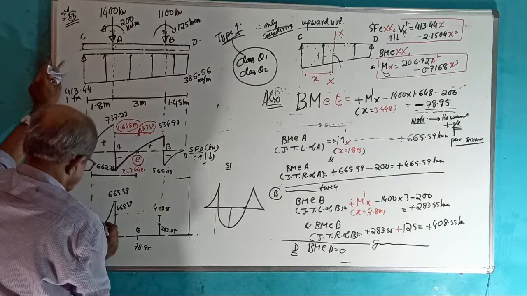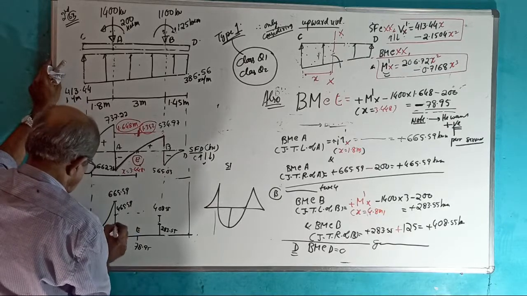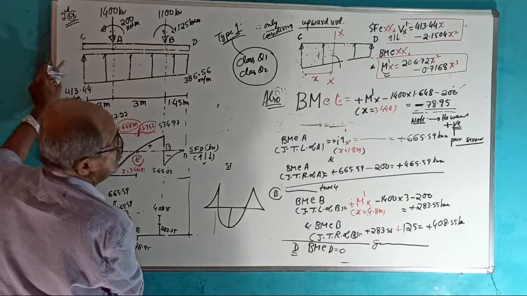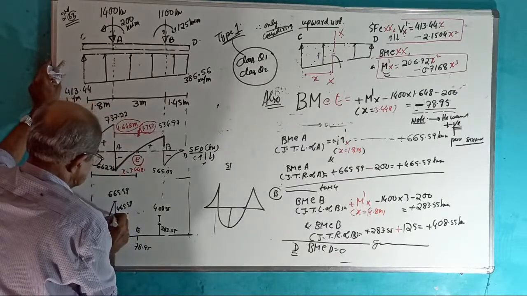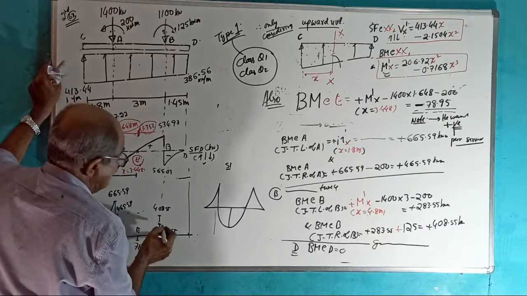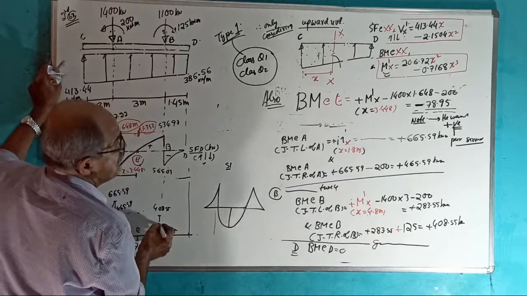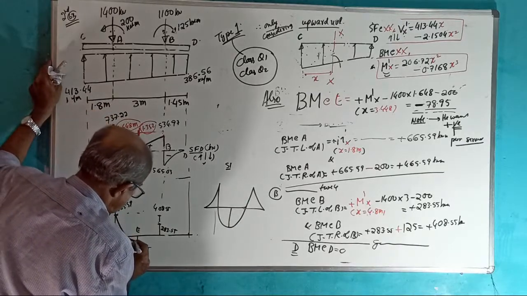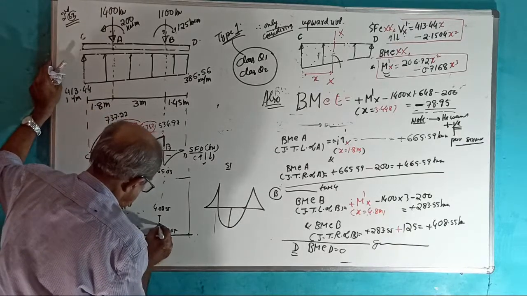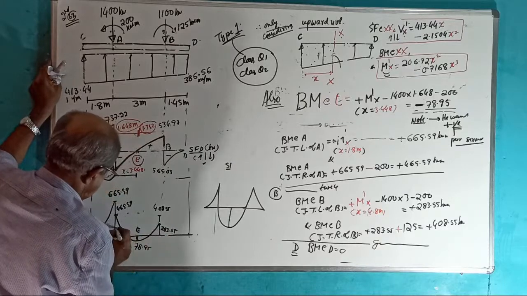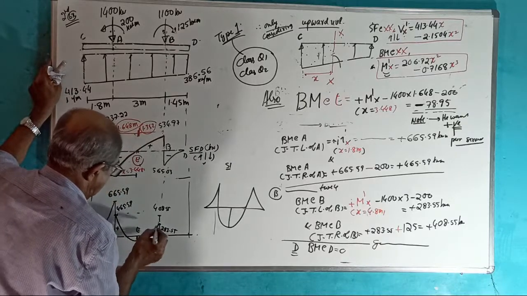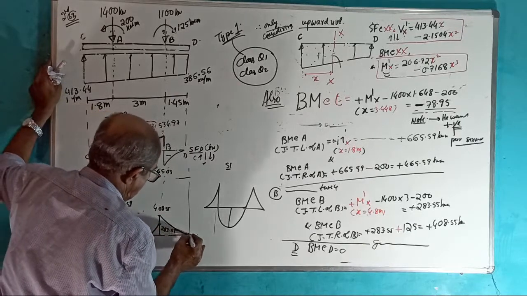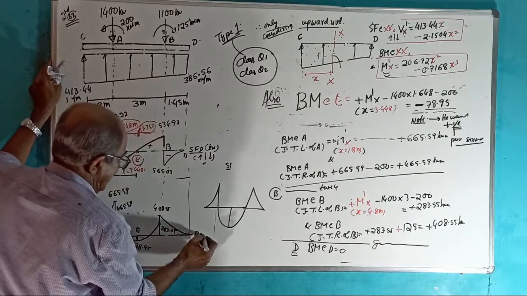See, like this, slope 0. Just to left join to just to right, 446. Just to right through this point join to just to left. Almost okay. Minus, plus and minus. Then just to left join to just to right, again joined by a parabola. This is the bending moment diagram.